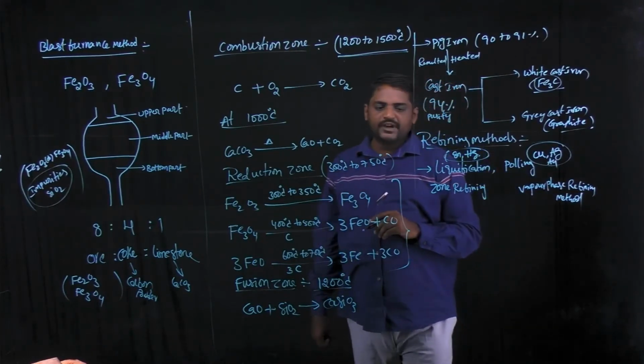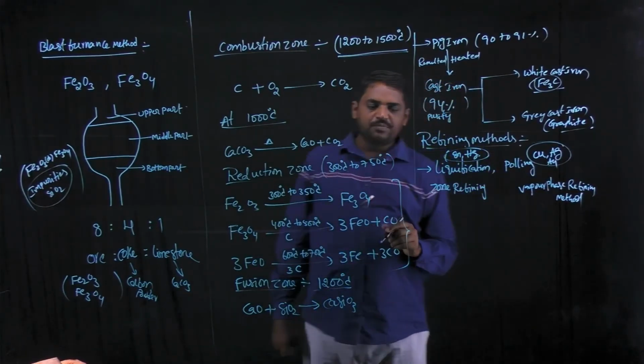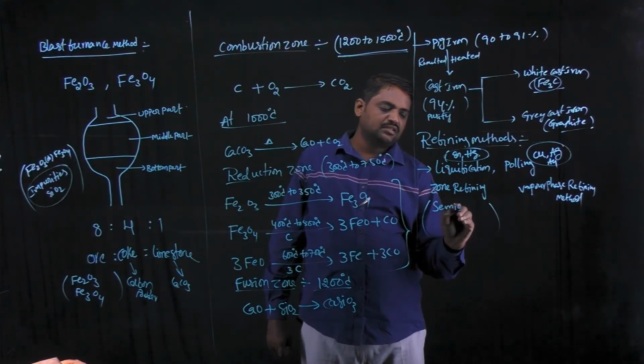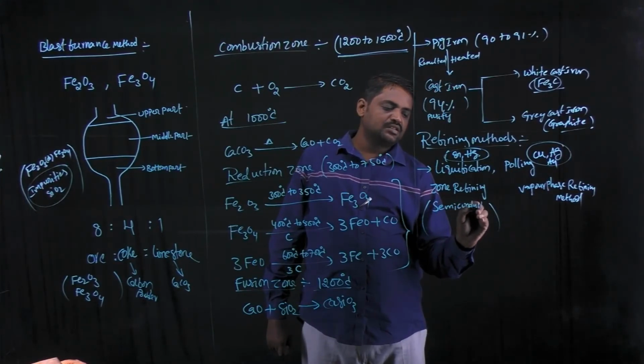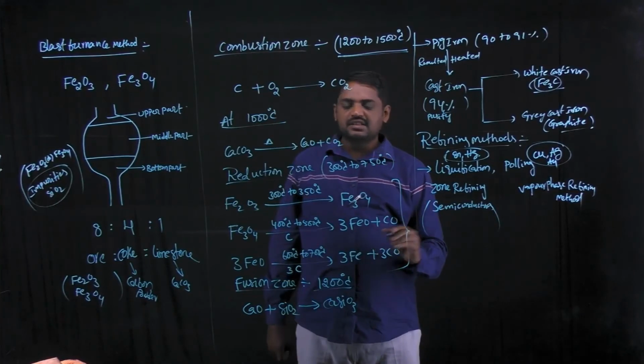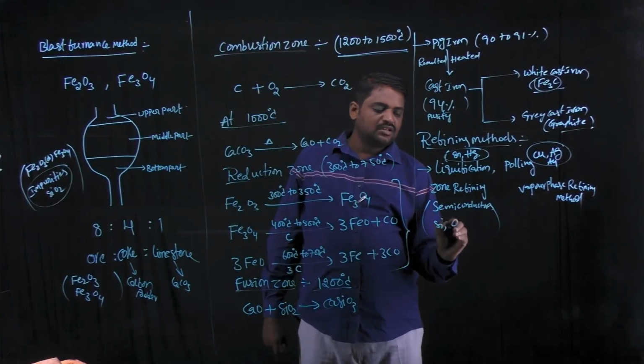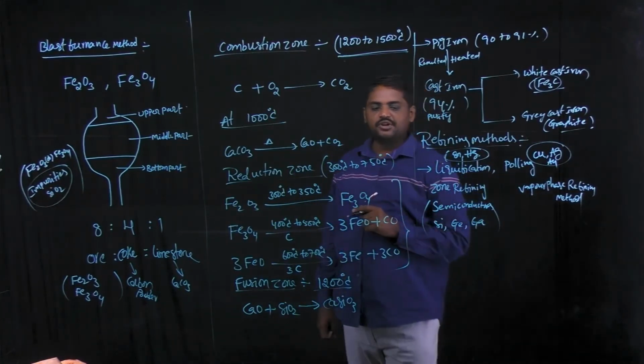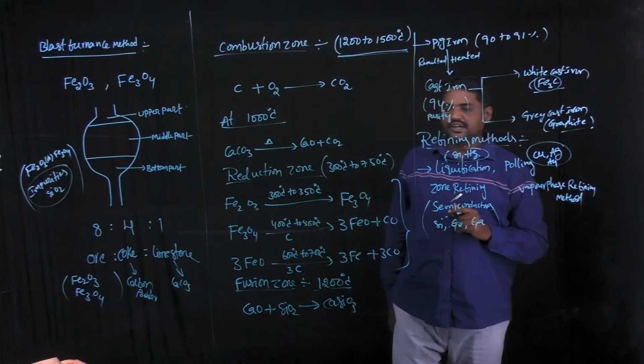And the zone refining method is used only for semiconductors. Semiconductors like silicon, germanium, gallium, these types of elements are purified by using zone refining method.